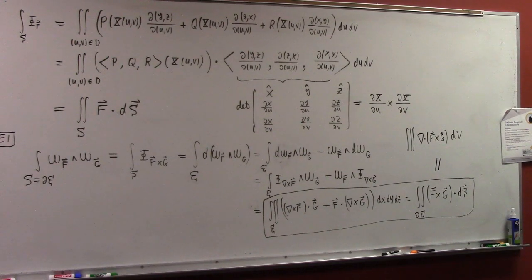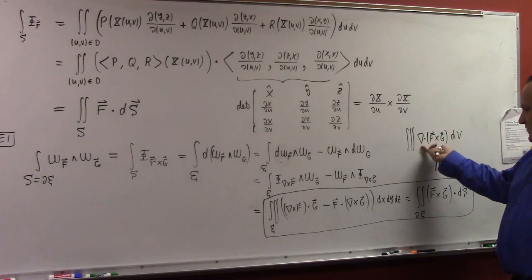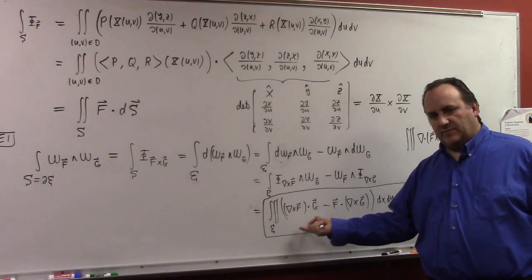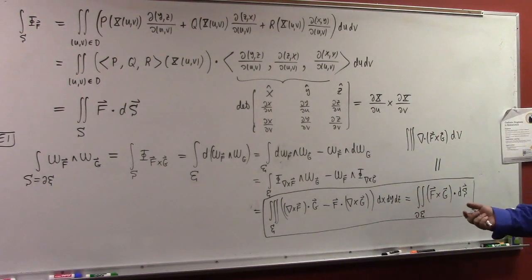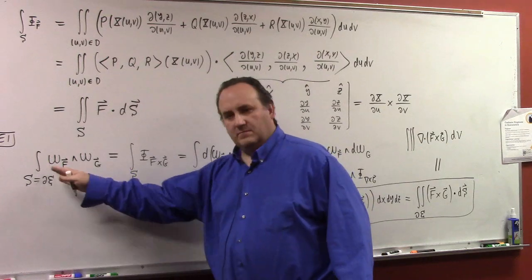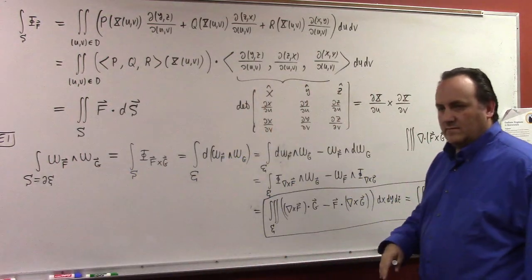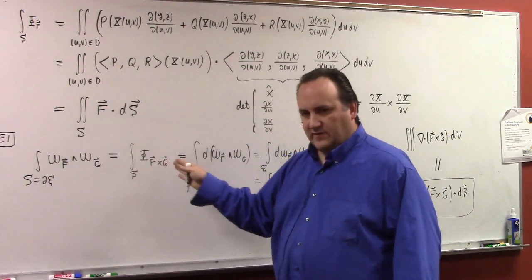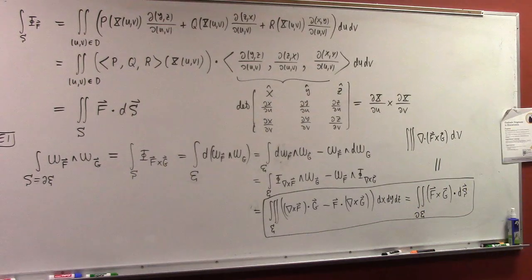Is that true? Is that it? I think that's it. Did we derive this before? Like the divergence of the cross product is the dot product of the curl like this. I think we might have worked that out the other day. Certainly could work that out. All it comes from is taking the derivative of the wedge product of the work forms, and the fact that the exterior derivative of the flux form is the divergence of the vector field. So, okay, anyway, yeah.